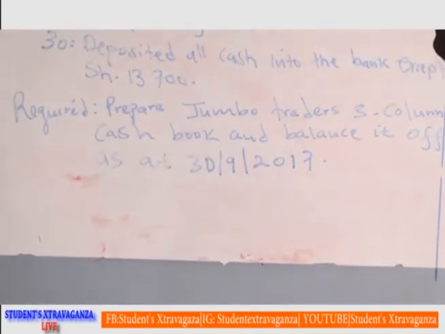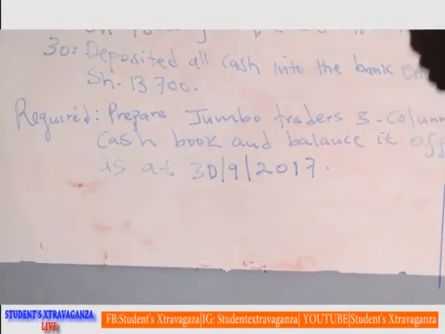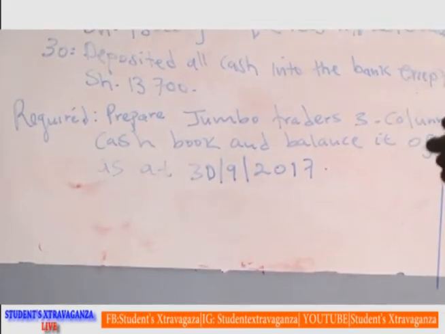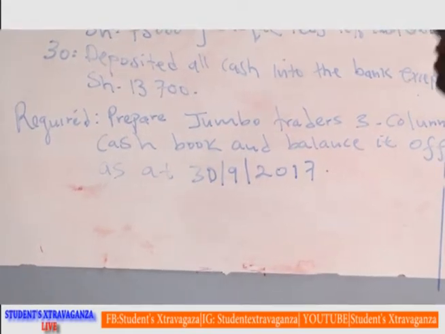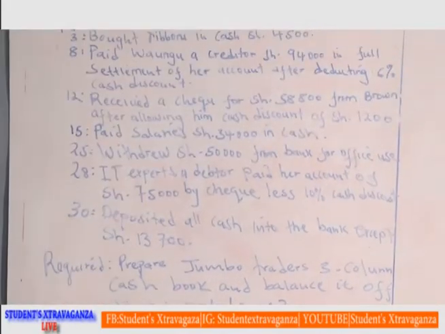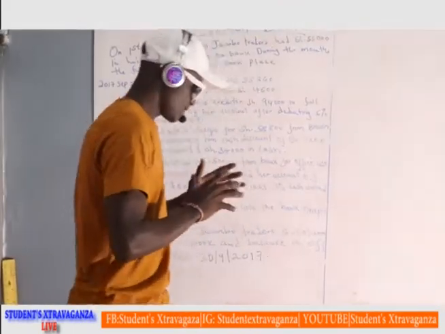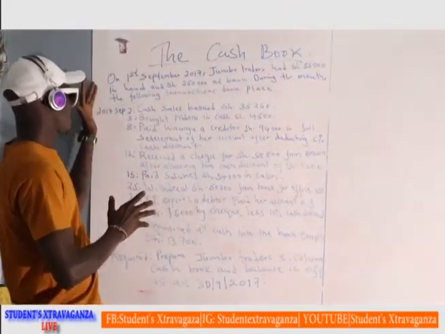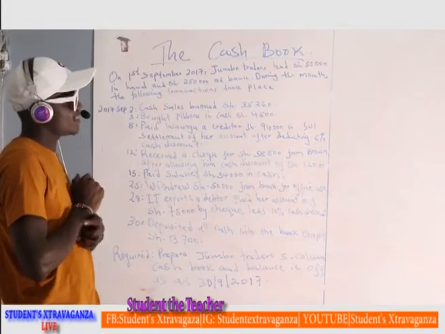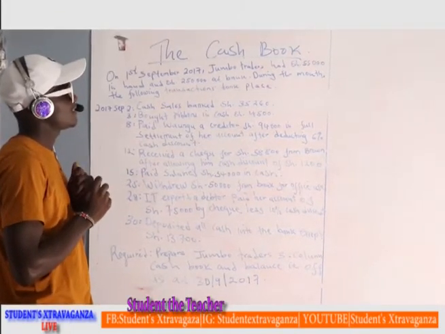So this is whatever we are required to prepare. We are required to prepare Jumbo Traders 3-column cash book and balance it off as at 30th September 2017. We are required to prepare the cash book for this statement, Jumbo Traders Company Limited.